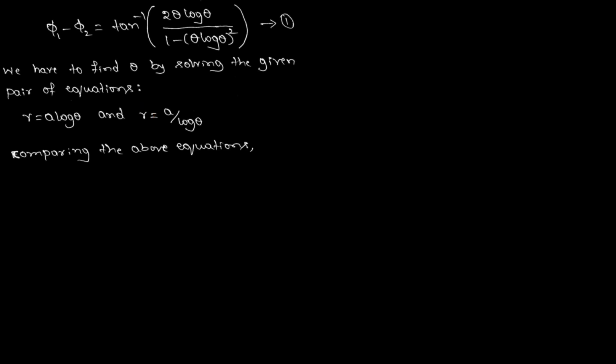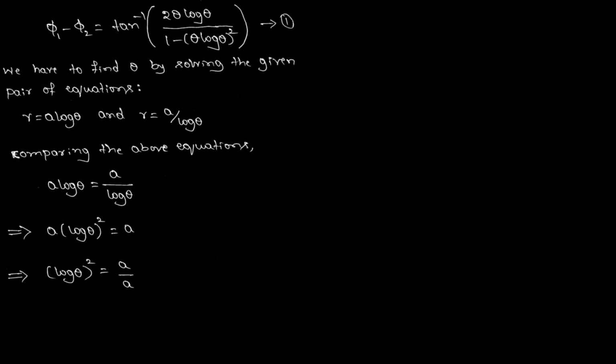Now cross multiplication happens. Log theta into log theta is log theta whole square, and a divided by a is 1.